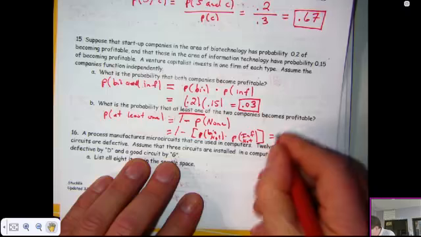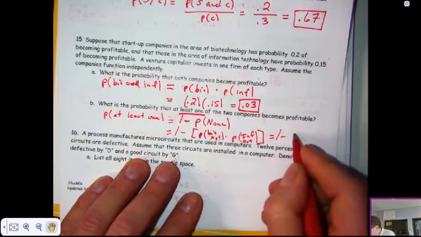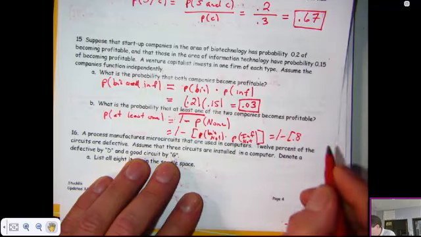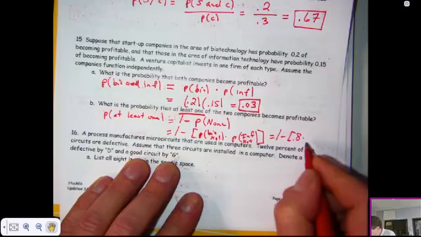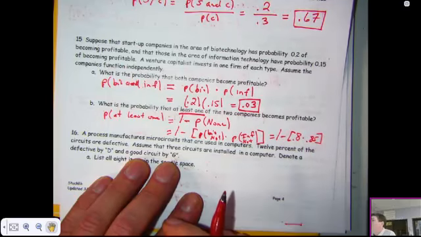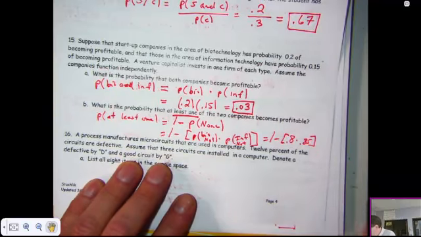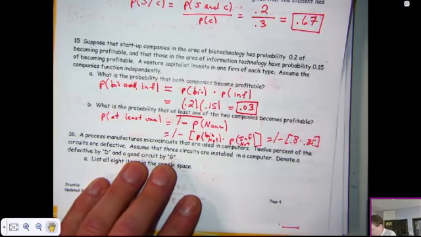So it'll be 1 minus... What's the probability of the bio not being profitable? 0.8 is the chance of not being profitable. And the information is 0.85 not being profitable. So I got that to be 0.32.